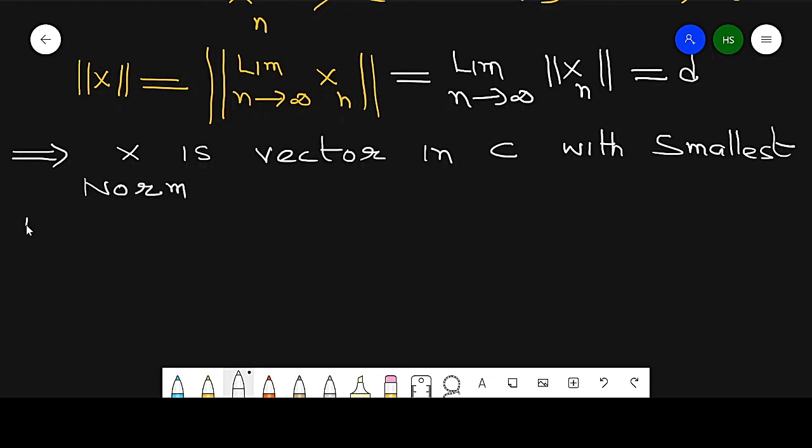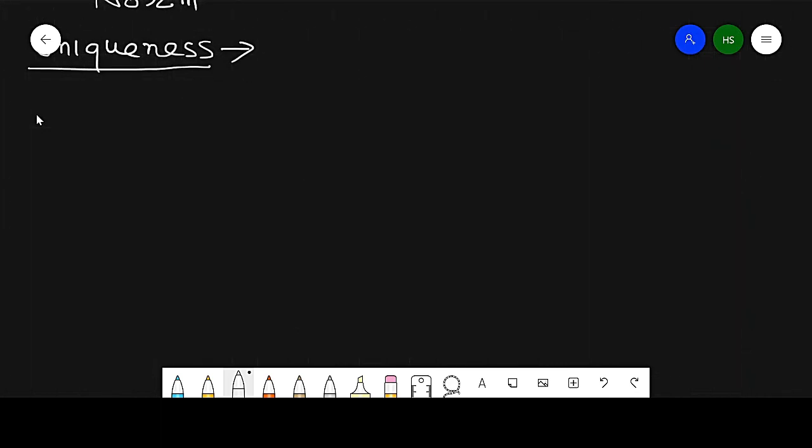After that we prove uniqueness. If I take two vectors of smallest norm, suppose those vectors are x and x dash.